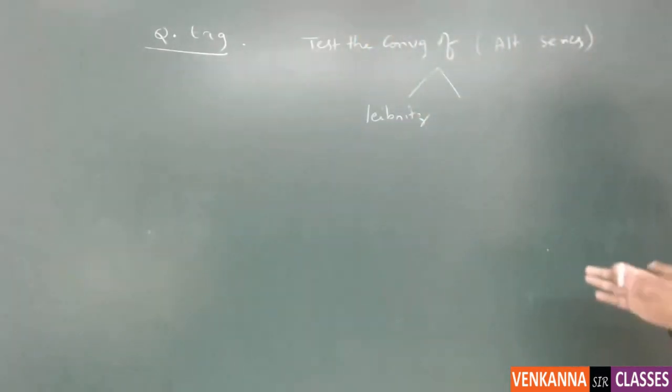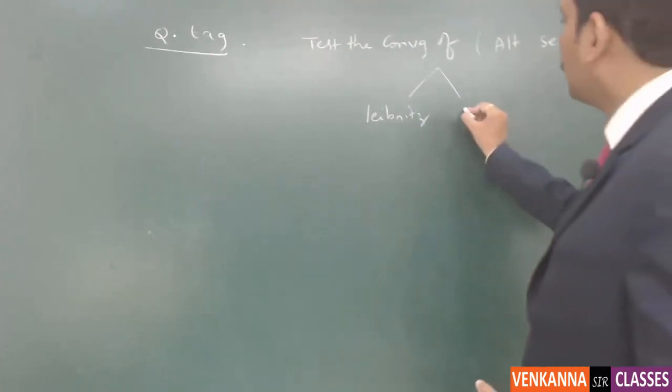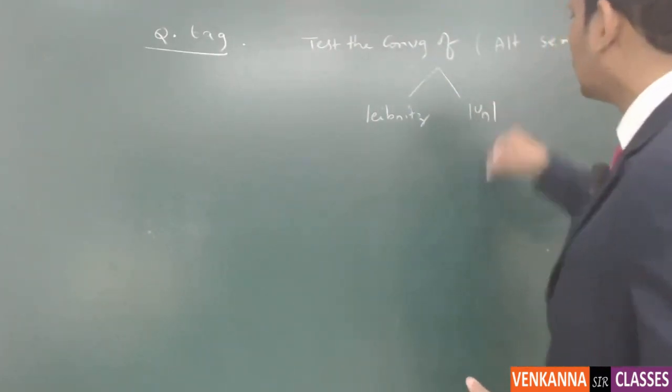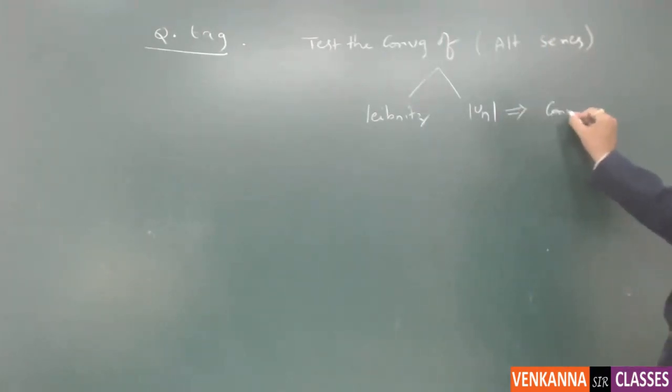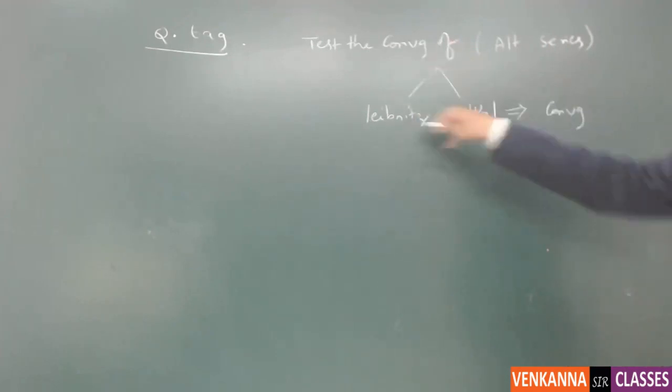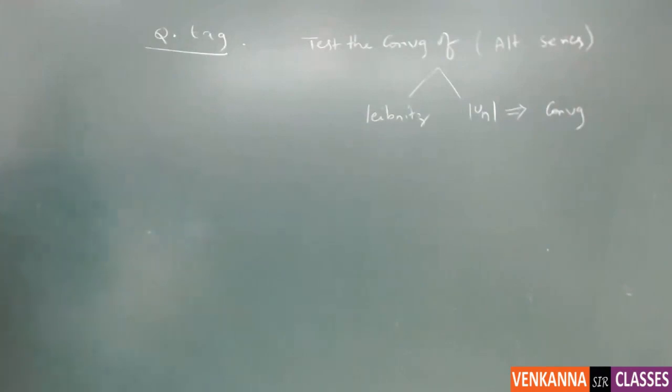If you feel that applying Leibniz test is somewhat difficult, then you verify for absolute convergence, because absolute convergence implies convergence. You can follow either approach if the question is given for an alternating series in that pattern. Okay. Is that fine? Yes or no?